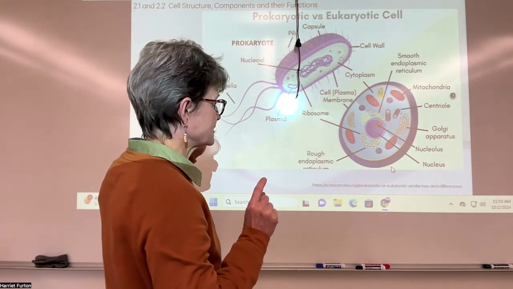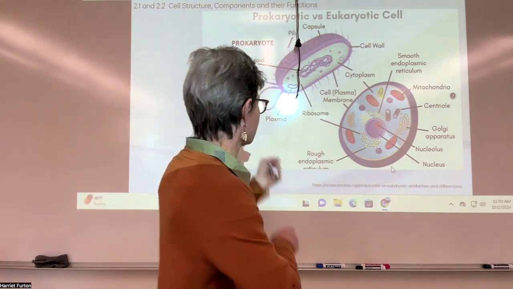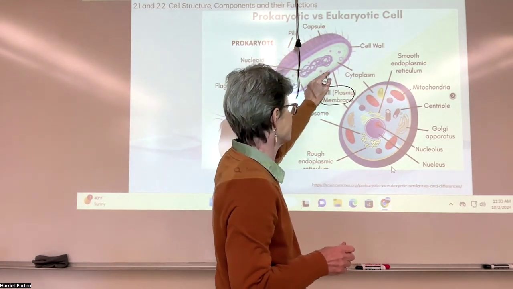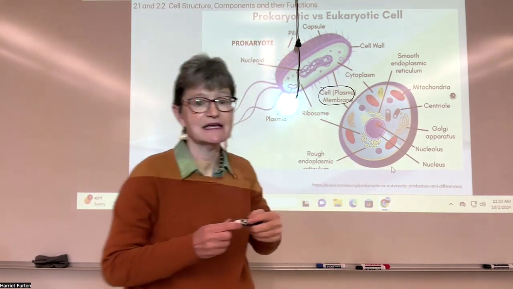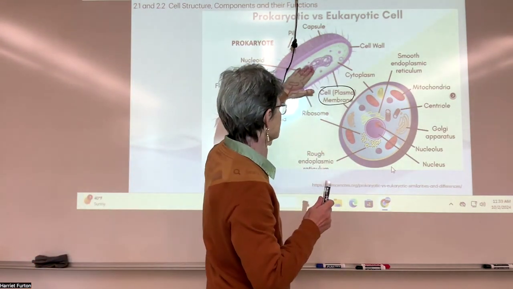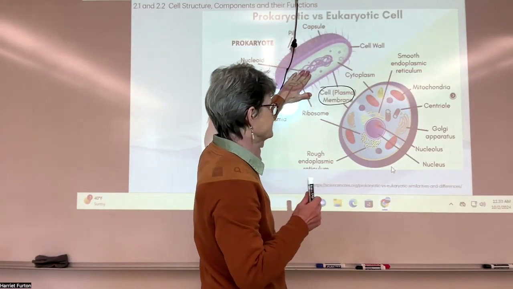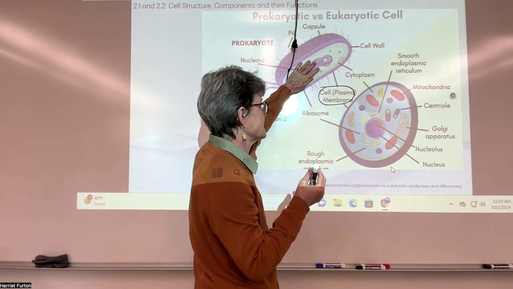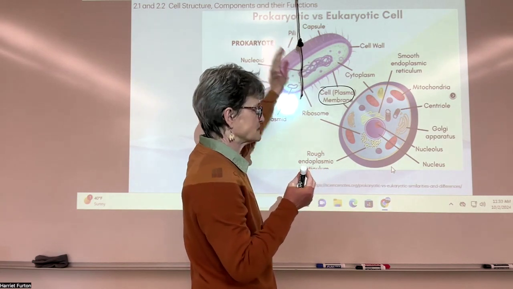the similarity for both of them is that they have a cell membrane that surrounds the cell. The cell membrane keeps the internal structure and components inside from the outside.